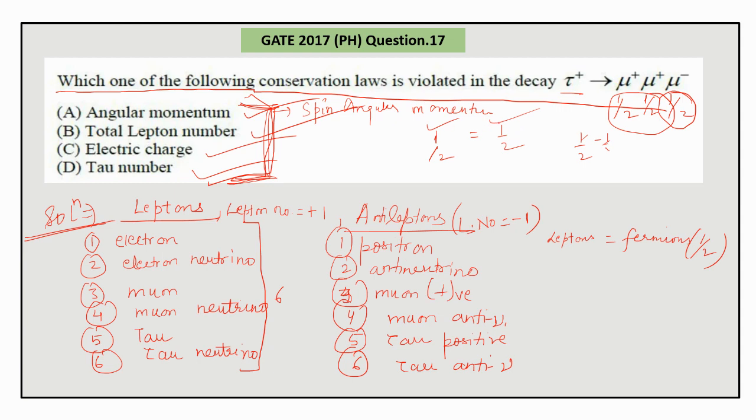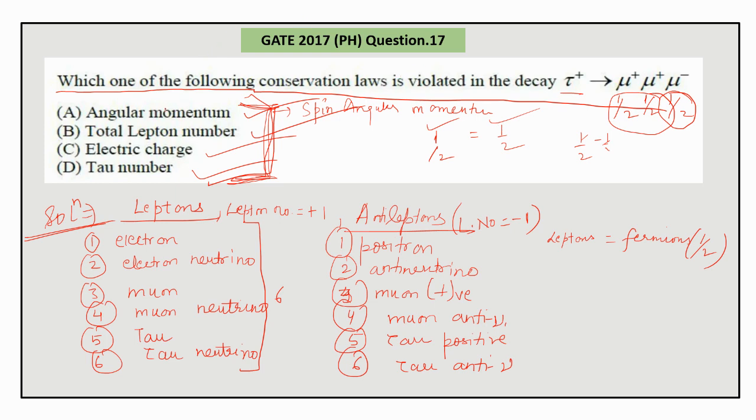We don't know about the other combination, but if it is a multiple choice question like this, which one of the following conservation laws is violated in the decay, then you can consider this one.